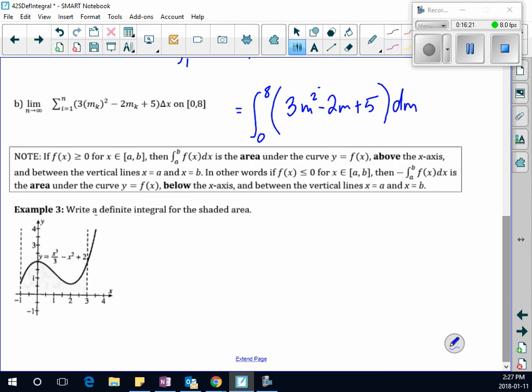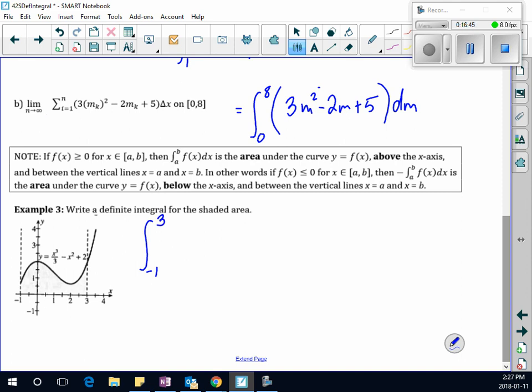If that makes sense. So does everybody see we have a function here and it's saying write a definite integral for the shaded area. What would that be? The lower limit is what? -1. And the upper limit is 3?